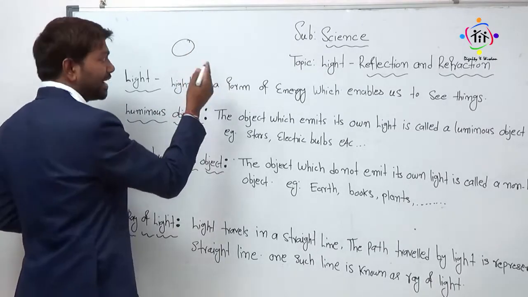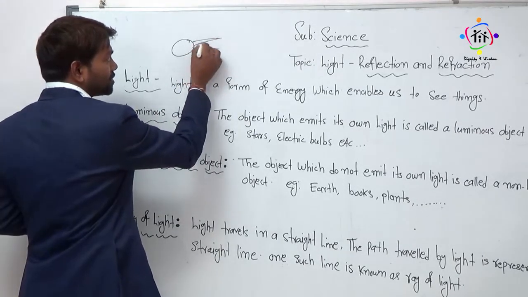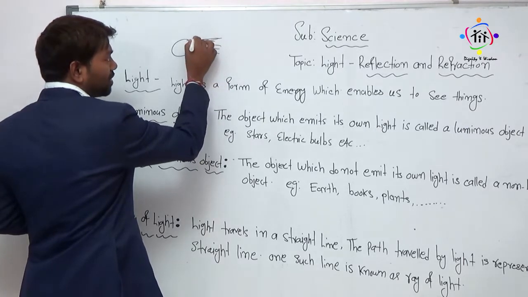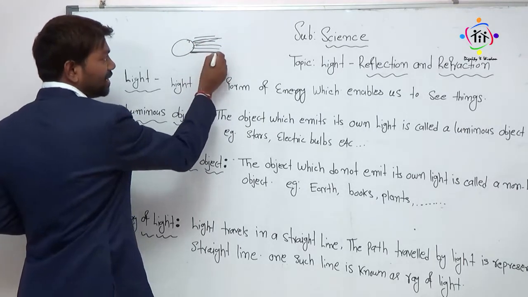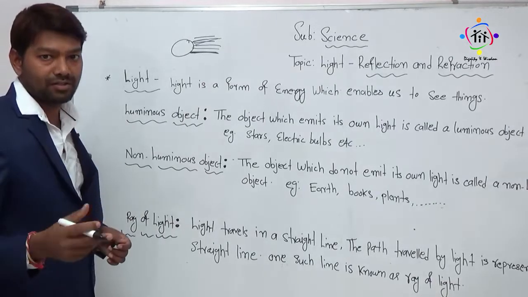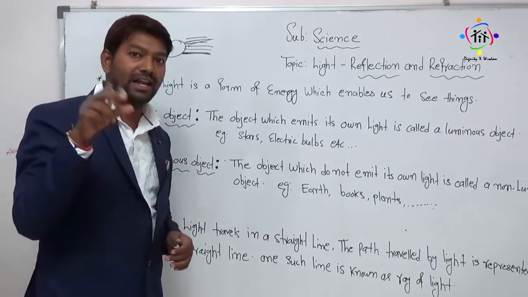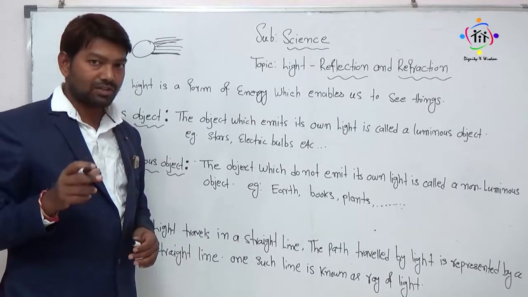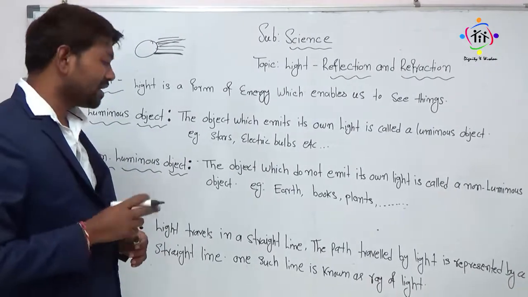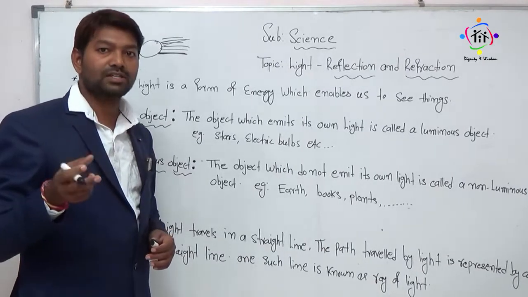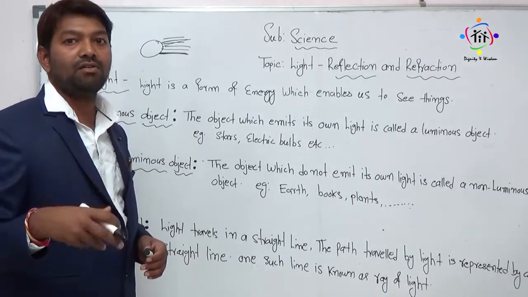When it emits light, there are many rays. So this one line is called the ray of light. The path traveled by light, represented by a straight line, is called the ray of light.